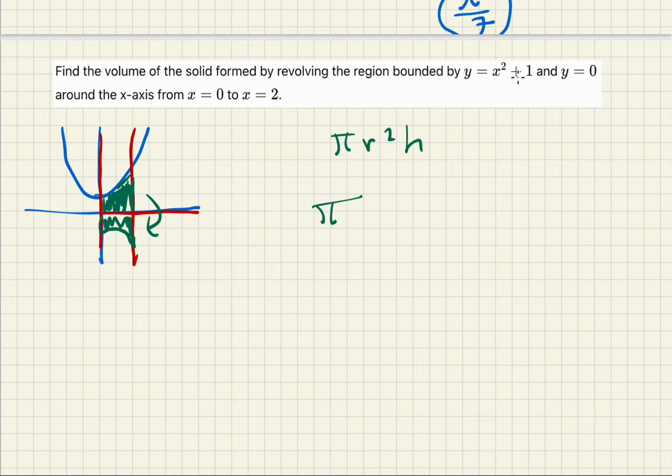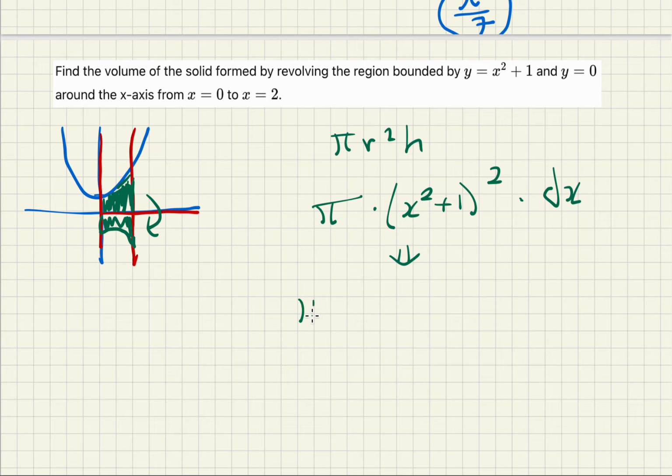So in this case the radius, or the value of y, is x squared plus 1. So we multiply by x squared plus 1, and then square that because it's r squared, and then h turns into dx.